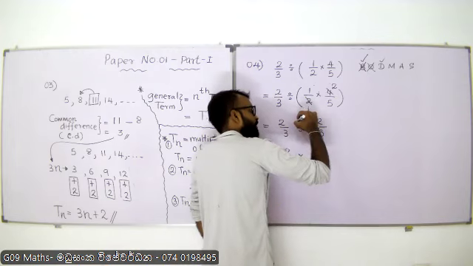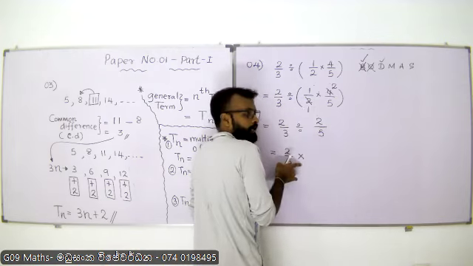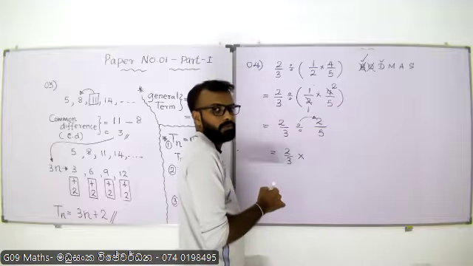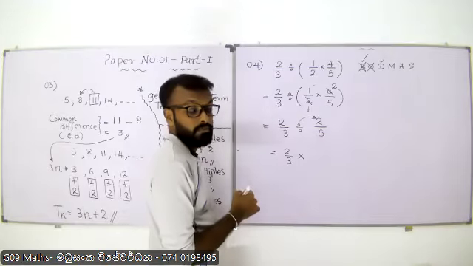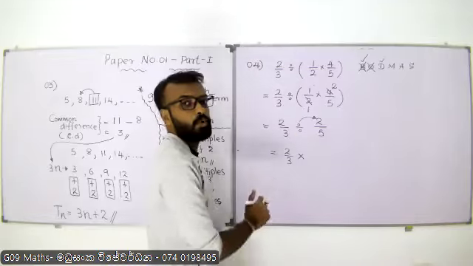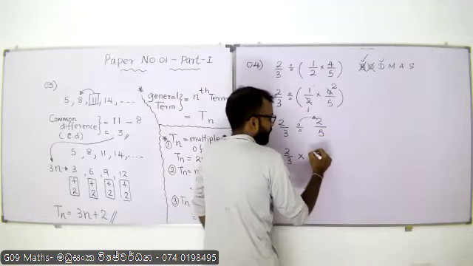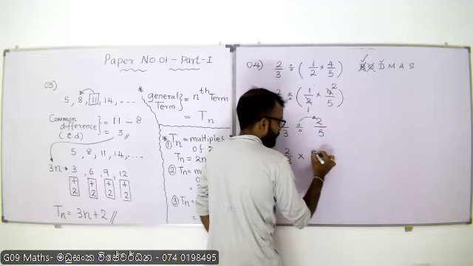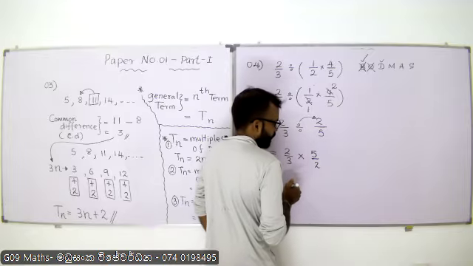But when you are converting this division into multiplication, the right hand side fraction, take the reciprocal, right? Upside down, 5 upon 2. Take the reciprocal of this, 5 upon 2.